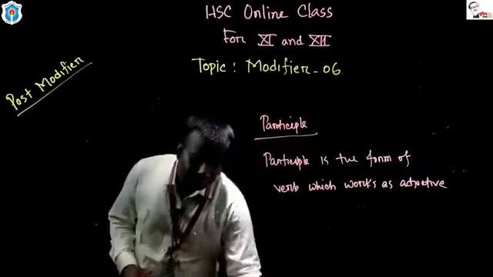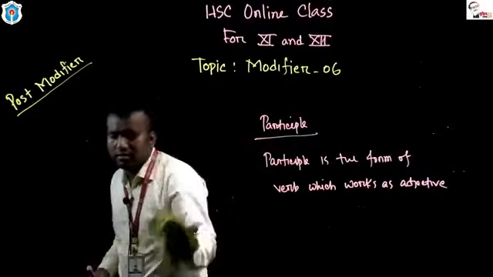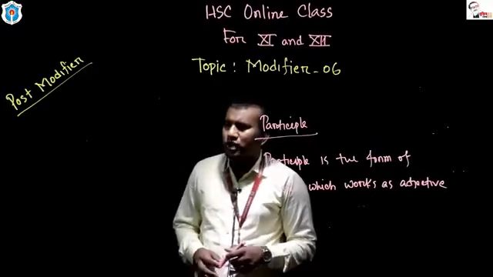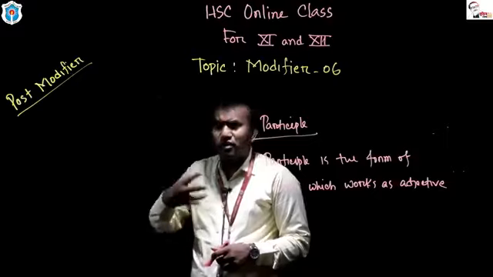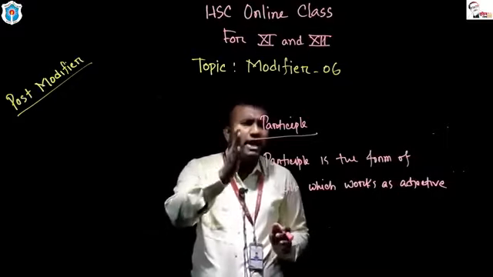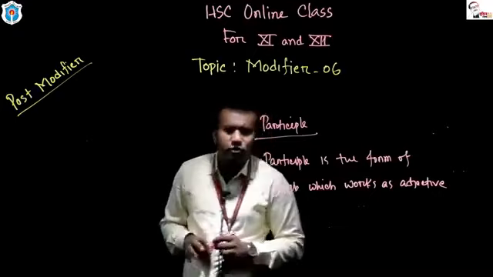Okay. Up to this part, I think everything is clear to you. I'd like to give you a sentence by which I want to prove that a verb can be used as adjective. Look at this.